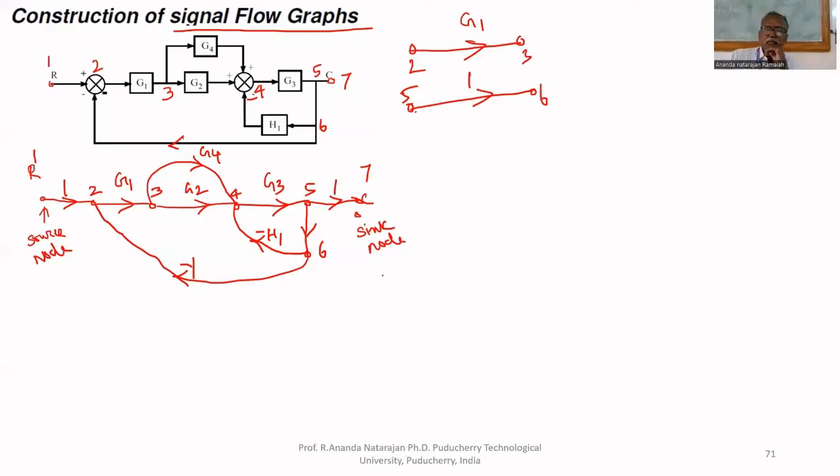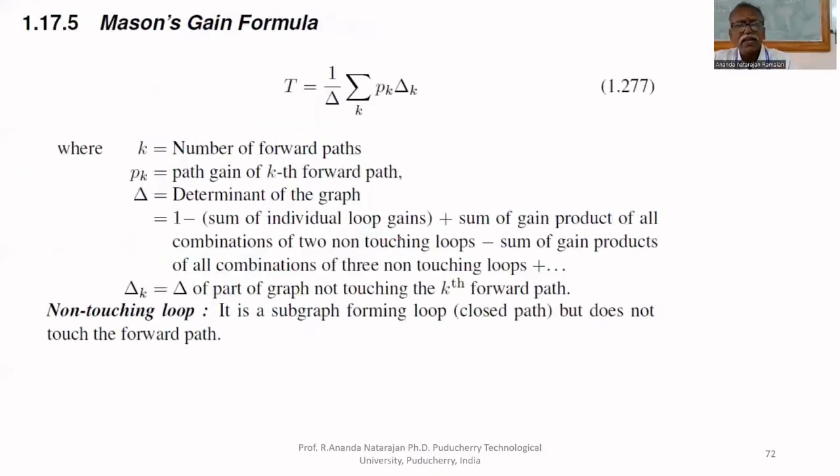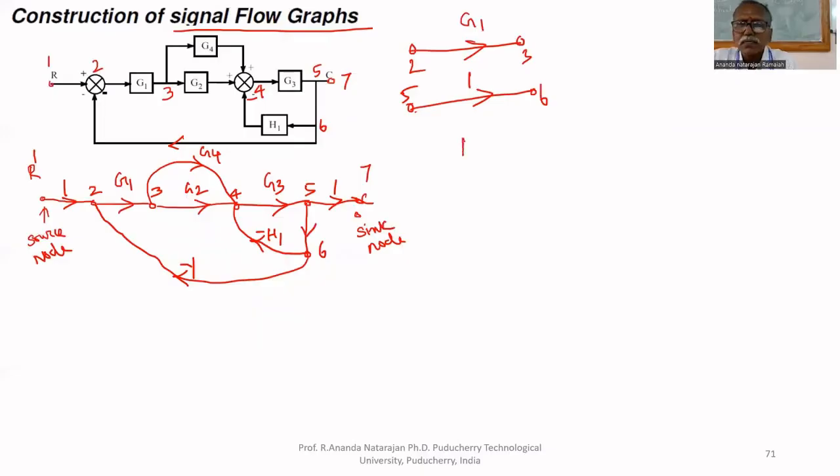Each link has a gain. That's all. To find the transfer function, one formula is there that is called Mason's gain formula.